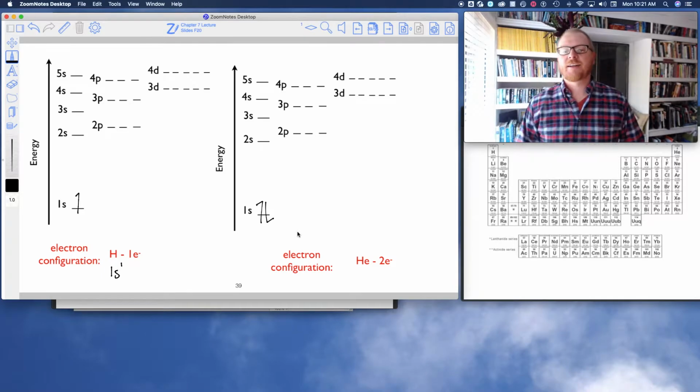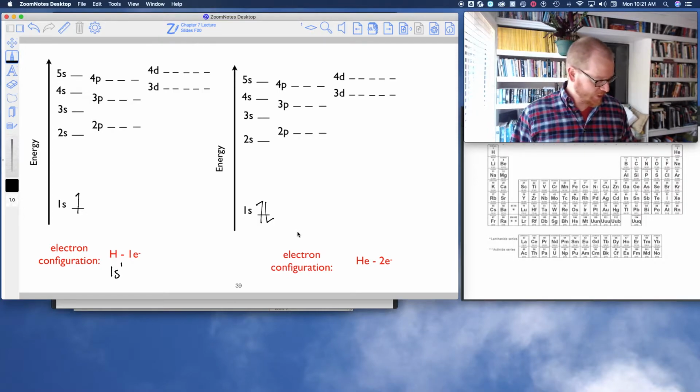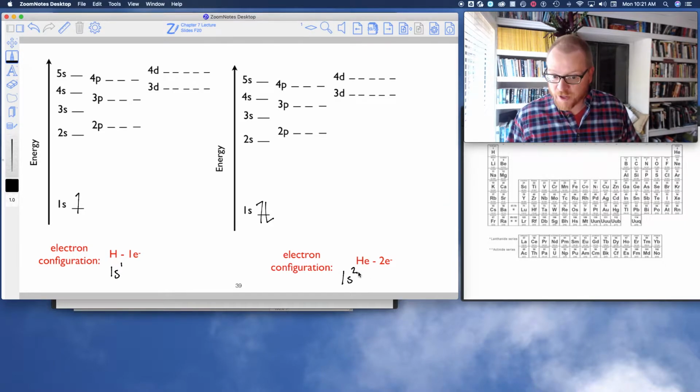We will see that's what the noble gases have in common: they have all paired up electrons. The electron configuration for helium would be 1s2. The 2 means 2 electrons in the 1s orbital. This is helium's address, 1s2.